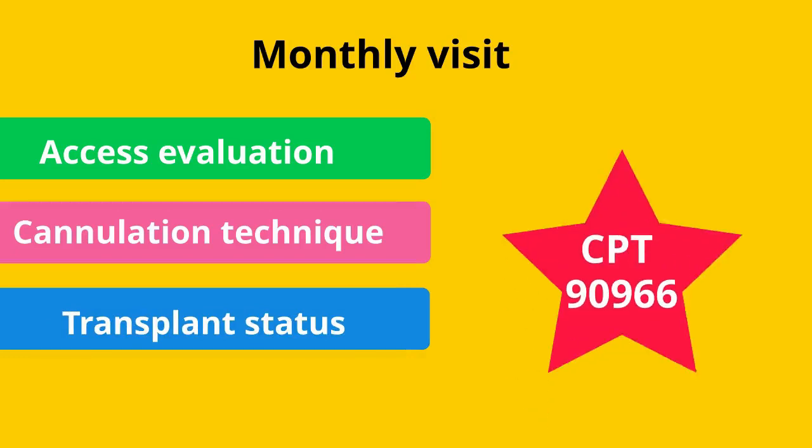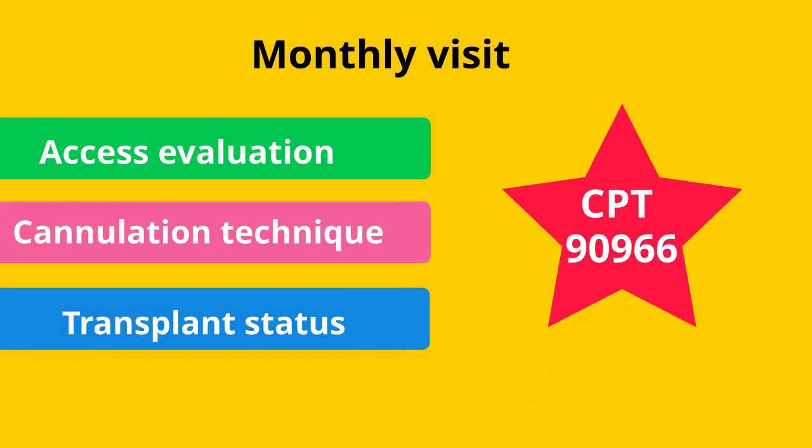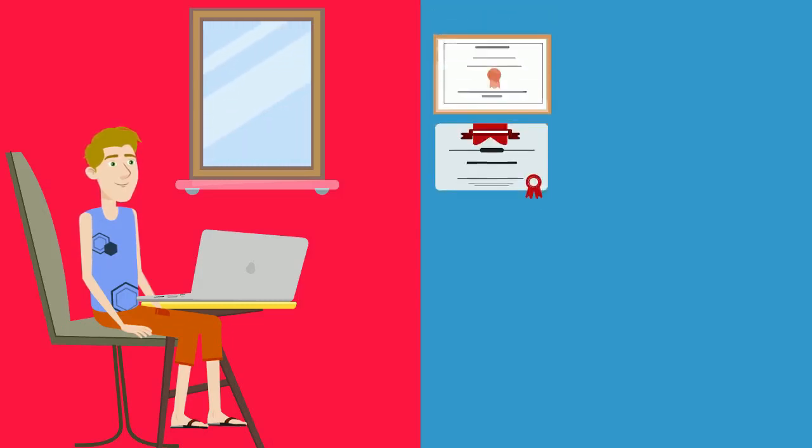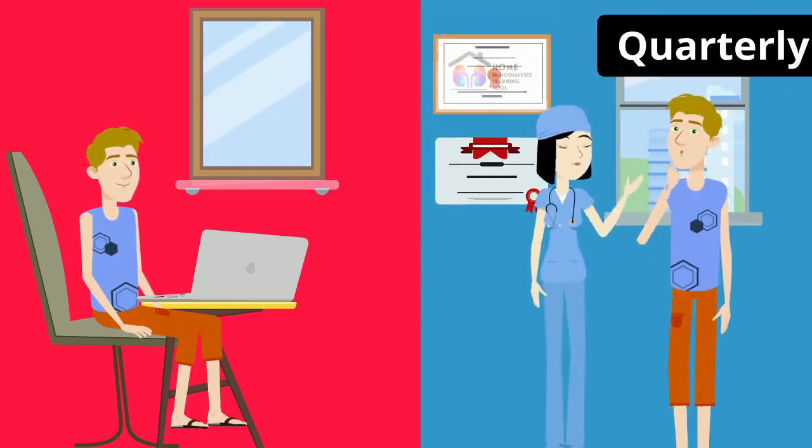The monthly capitated payment billing code is CPT 90966, which is approximately the same reimbursement as a level 2 to 3 in-center visit. Visits can be completed by telehealth, but a face-to-face visit is required quarterly.